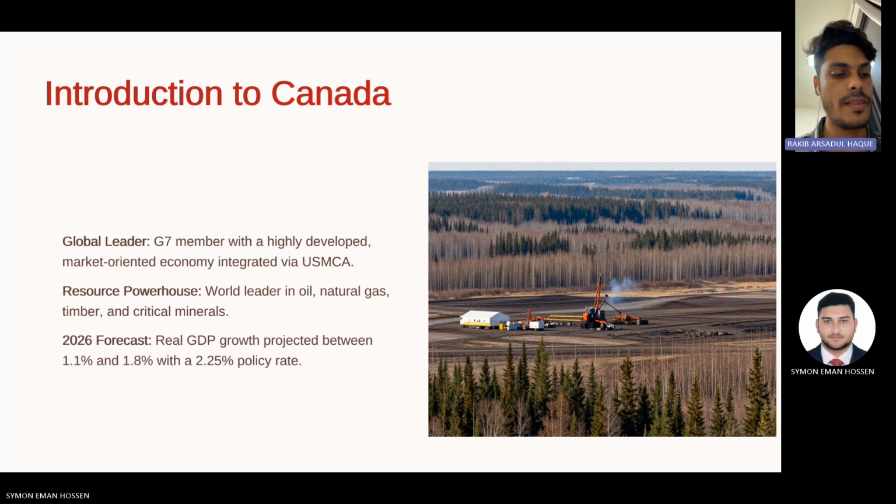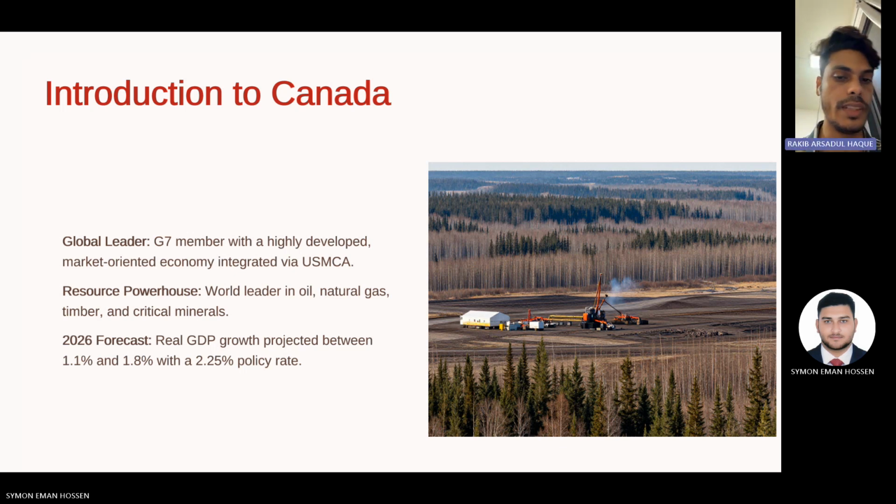As we analyze these figures, the core question is whether this modest growth is sufficient to maintain the Canadian standard of living amidst rising global competition.